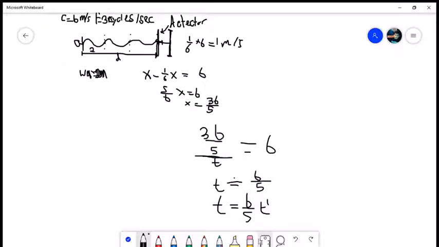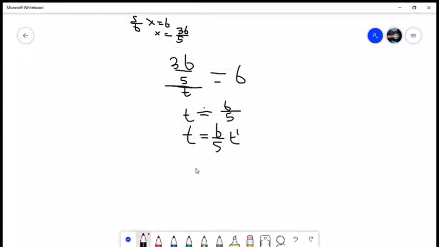And if you put the variables instead of the numbers, you'll get that this 6 over 5 is the same as t is equal to 1 over 1 minus x, where x is 1 over 6, which is the speed of the airplane over the speed of light, times t dash.